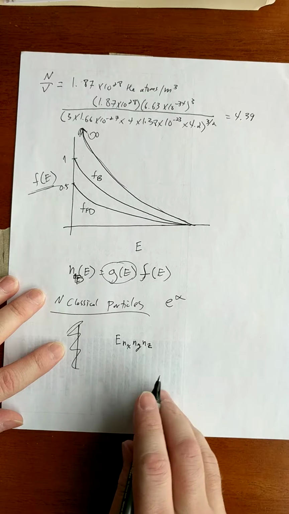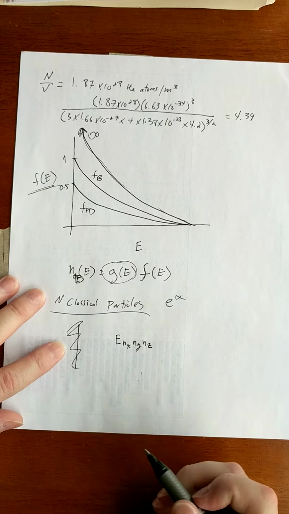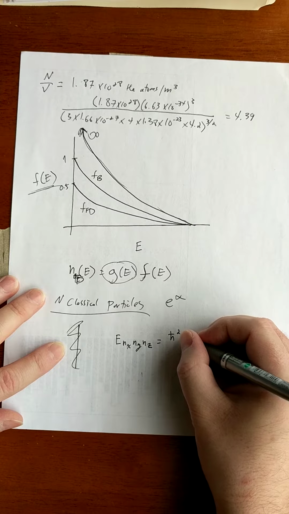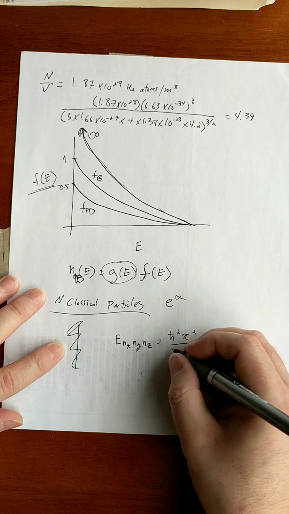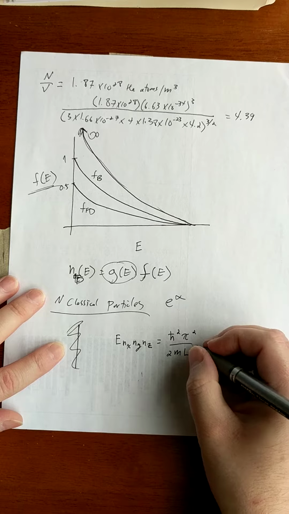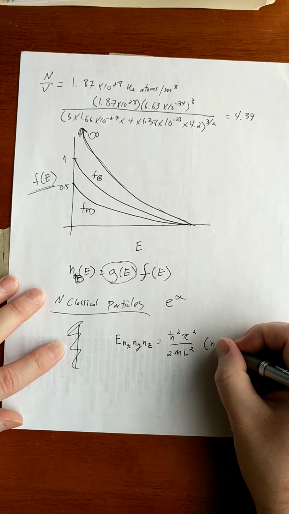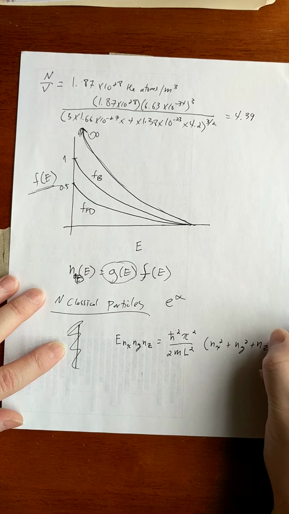So one quantum number for each of the dimensions of that cube, right? We saw, and if you go back and look at your notes, when we're talking about particle in an infinite square well, we have just n x squared plus n y squared plus n z squared.